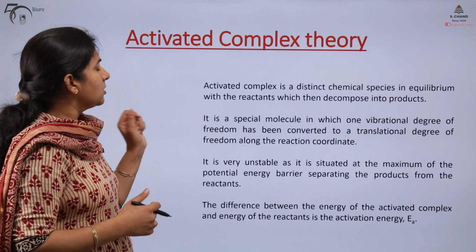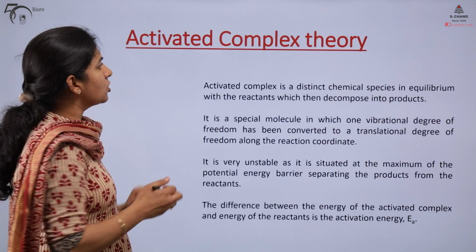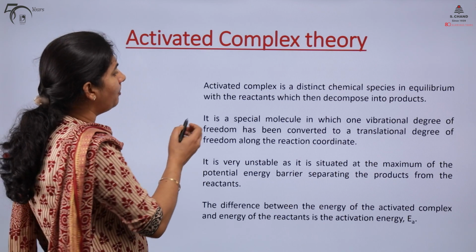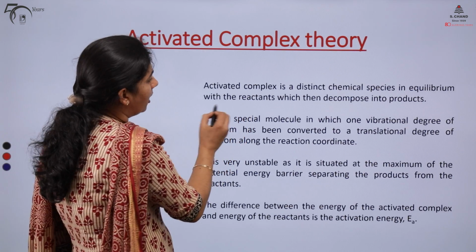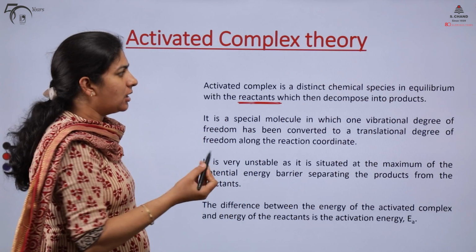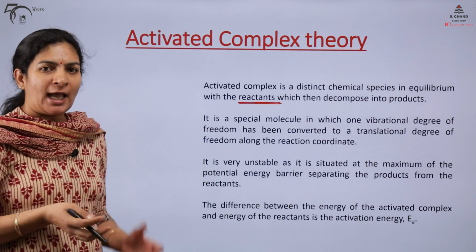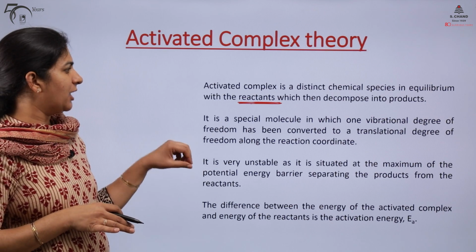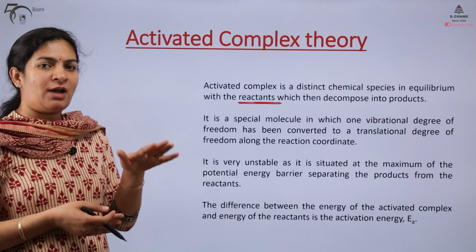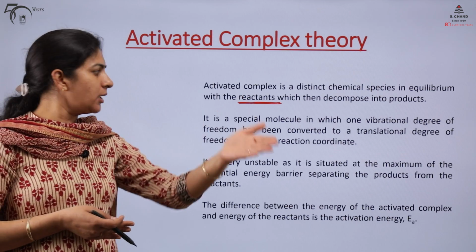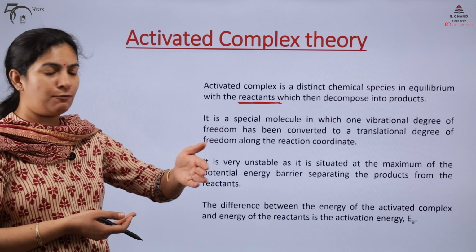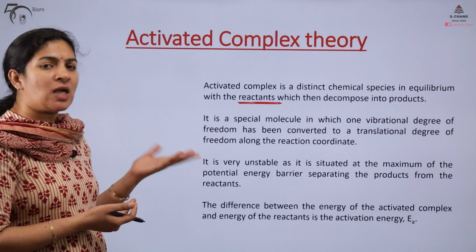Very briefly, I would like to mention the characteristics of this activated complex. The activated complex is always in equilibrium with the reactants, and it then decomposes into product. It has one vibrational degree of freedom less, because one vibrational degree of freedom has been converted into translational degree of freedom, which is consumed during the formation of the product, and it is highly unstable.